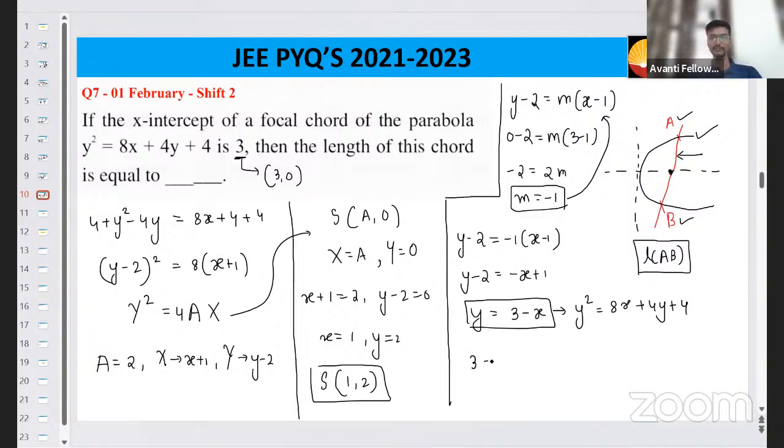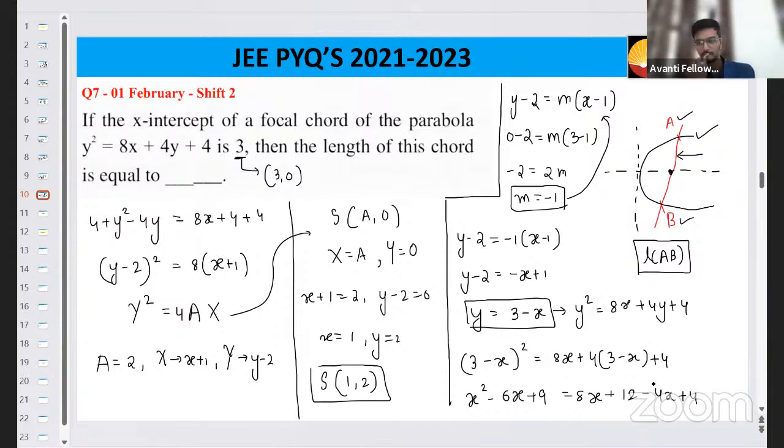So we get (3 minus x) whole square equals 8x plus 4 into 3 minus x, plus 4. This is a square minus 2ab plus b square equals 8x plus 12 minus 4x plus 4.